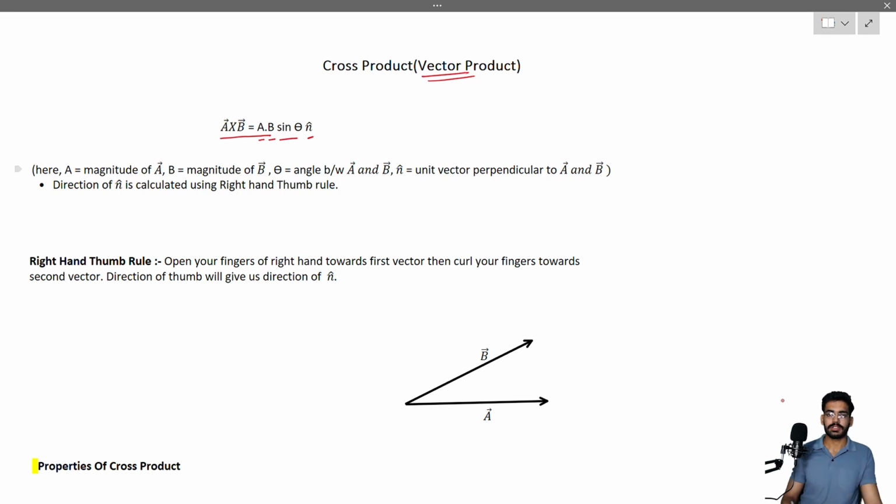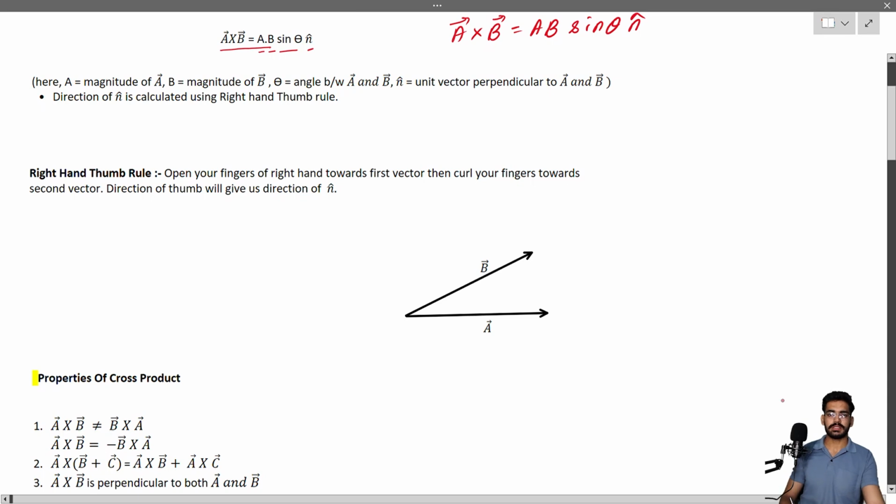Okay, so A cross B is basically magnitude of A, magnitude of B, sine of the angle between A and B, and then n cap. And n cap is a unit vector which is calculated with the help of the right hand thumb rule, applied between A and B. Okay, now let's see what the right hand thumb rule is.